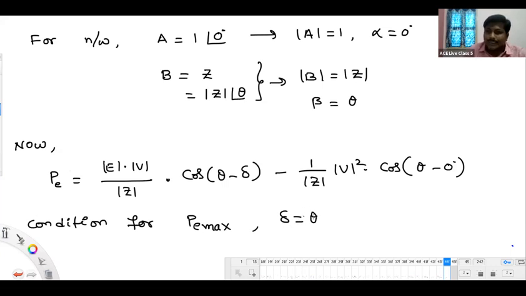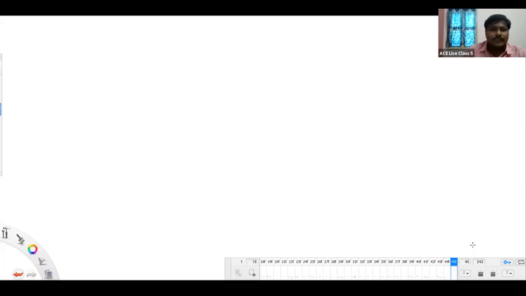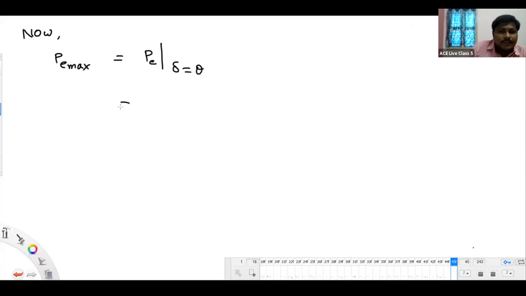Now you substitute the delta equals theta condition in this, and you write the PE max equation further. Please complete it quickly. So now, the maximum power transfer capacity is the value of PE by keeping delta equals theta.